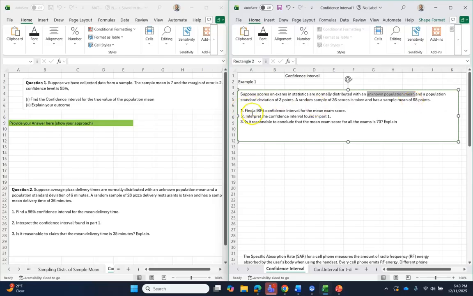We need to find a 90% confidence interval for the mean exam score, interpret the confidence interval found in the first part, and answer the question: is it reasonable to conclude that the mean exam score for all the exams is 70? We need to explain why.